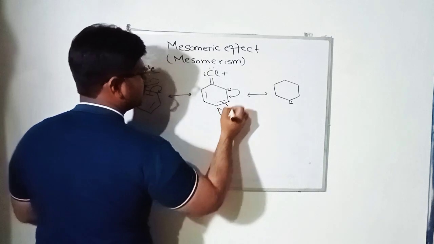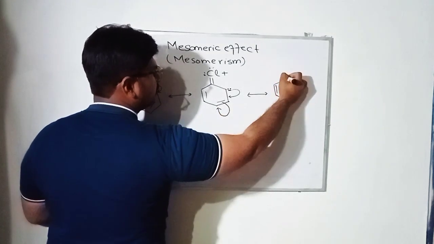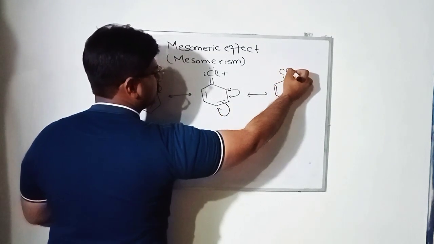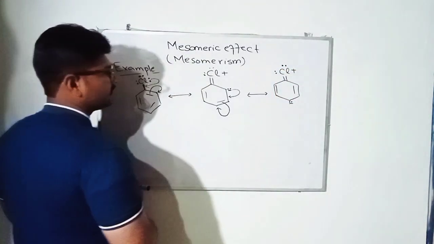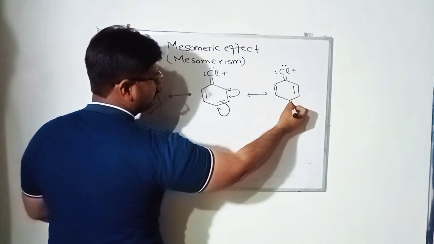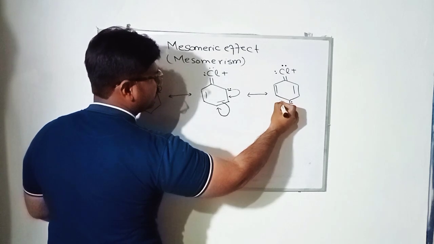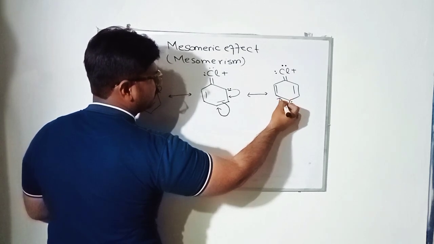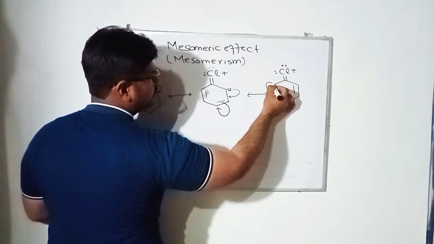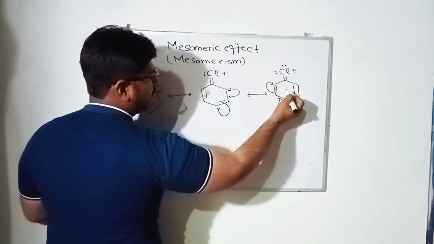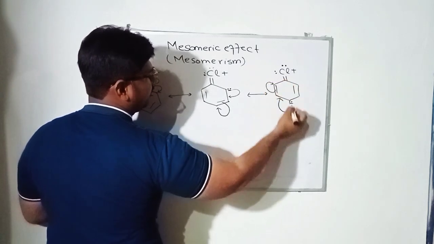So a negative charge here and a double bond, and the whole system will remain the same. Let's discuss further delocalization of this lone pair of electrons that will fall in between this single bond, and the next pi bond will be shifted onto the corner, and we will get this corner negatively charged.